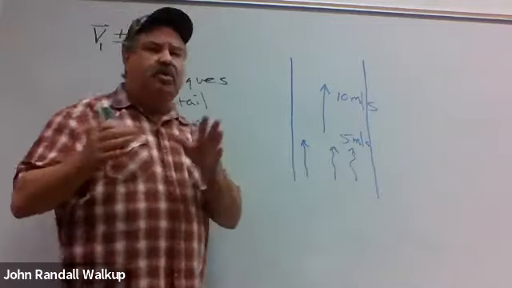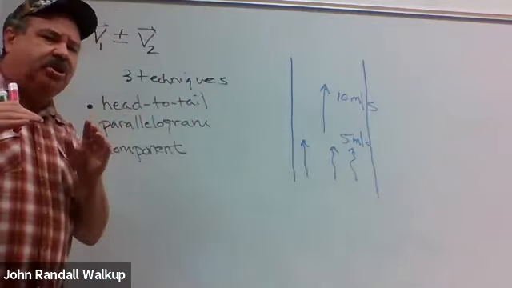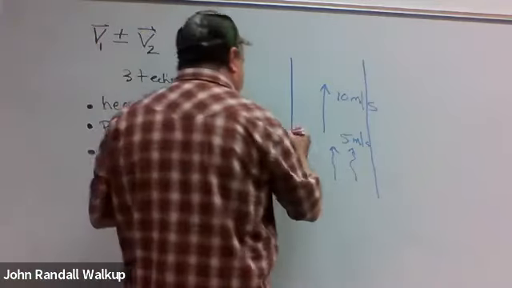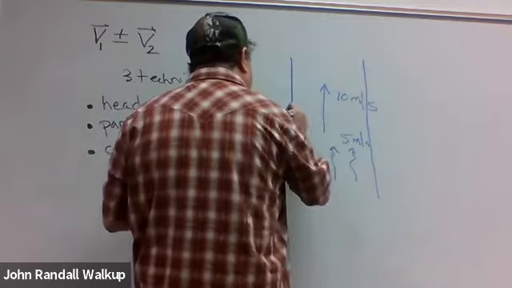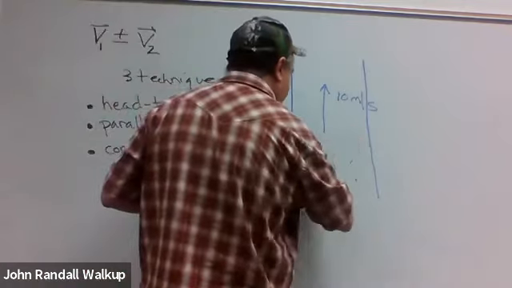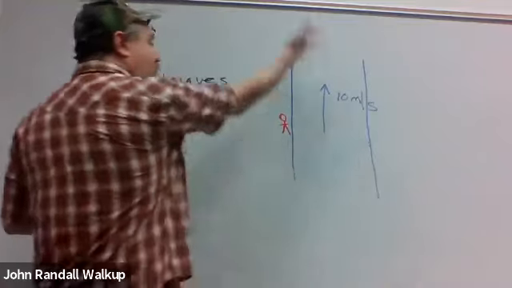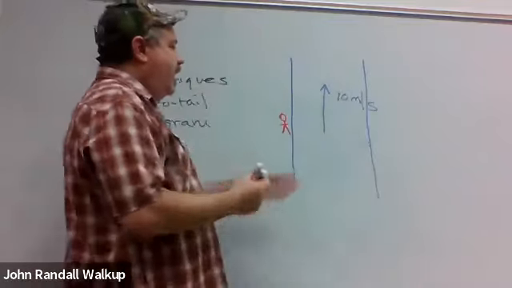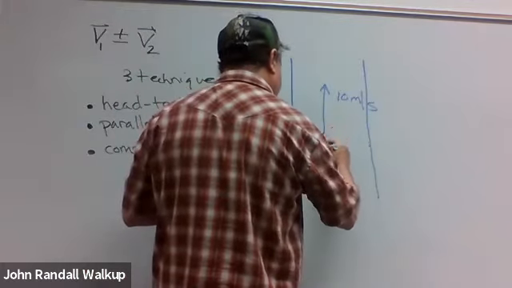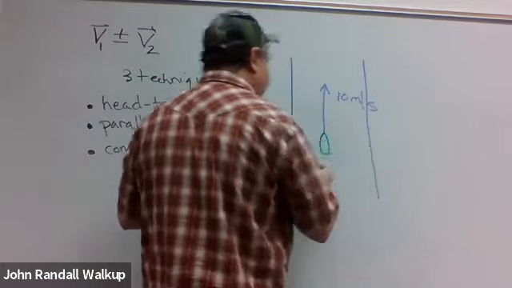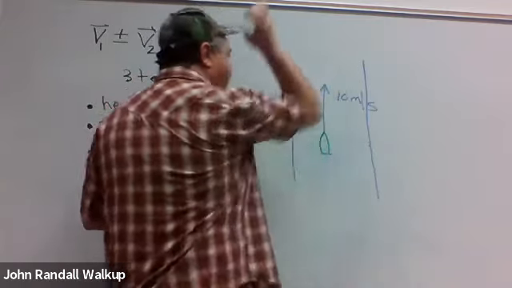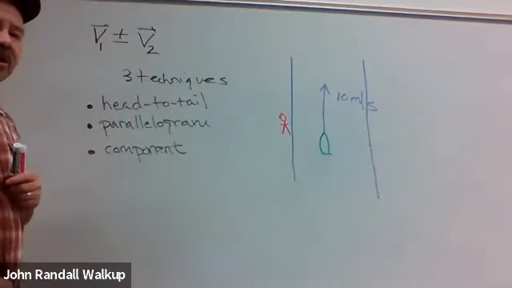Now, again, here's where you have to talk in terms of reference frames. If a person is standing here on the side watching, and we'll have no water motion, and you're in the green boat, this person will see you traveling by at 10 meters per second.